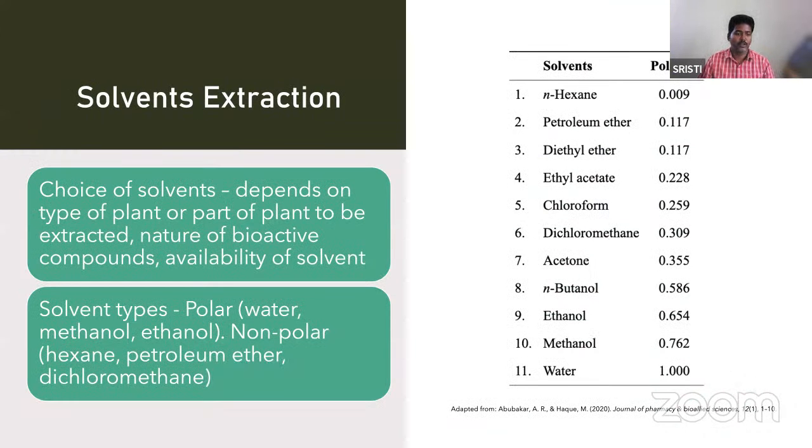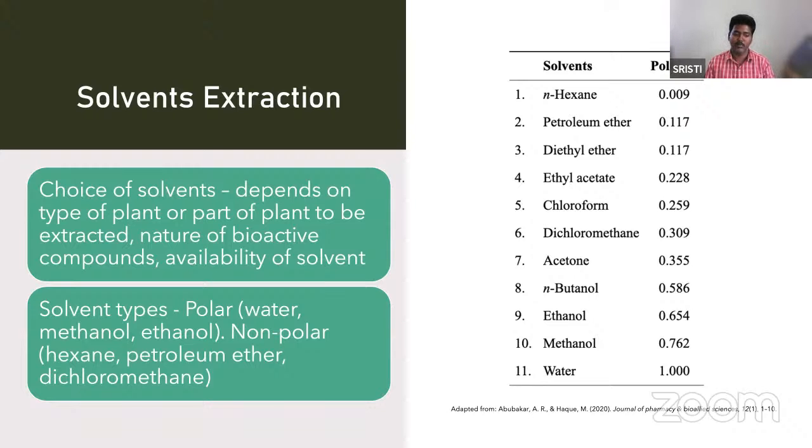So next one is solvents that are used in extraction. There are different types of solvents ranging from polar to non-polar. So the choice depends on which part of the plant you want to extract, the type of plant material, the nature of the bioactive compounds, and the availability of the solvent. These are the major factors. Okay.